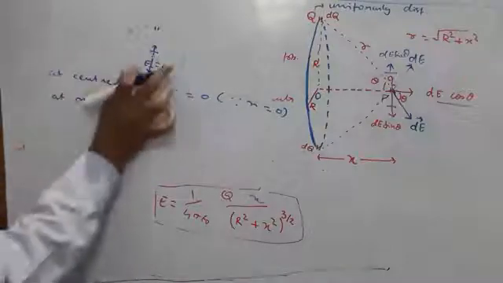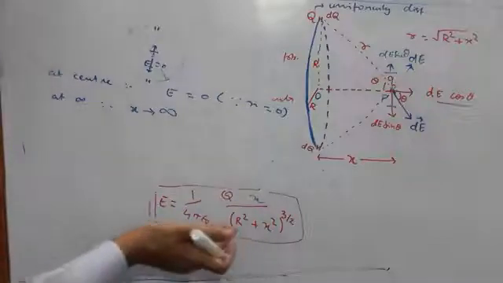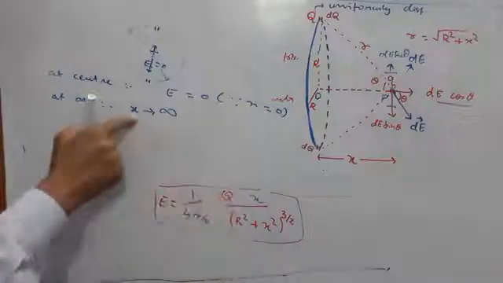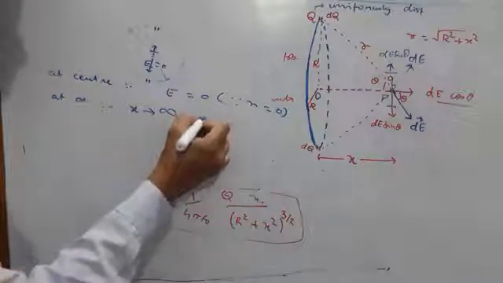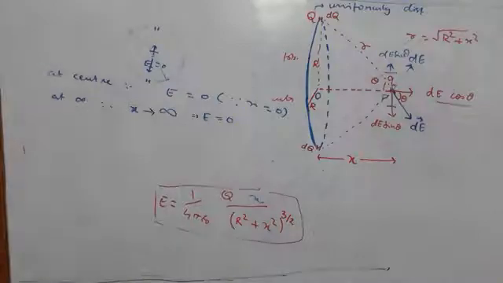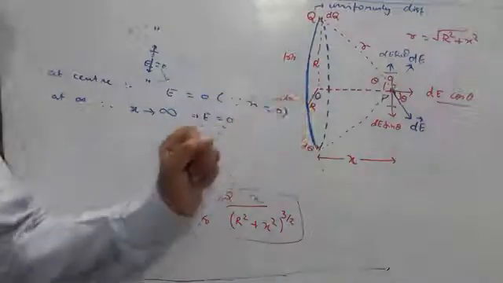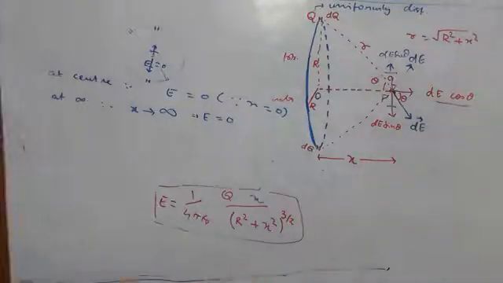So at infinity, you can use the concepts of limits in mathematics. If you have read, you can see that when x tends to infinity, this term again tends to 0. So electric field becomes 0 at x is equal to infinity. Now my question to you is that at center electric field is 0, at infinite separation also electric field is 0.